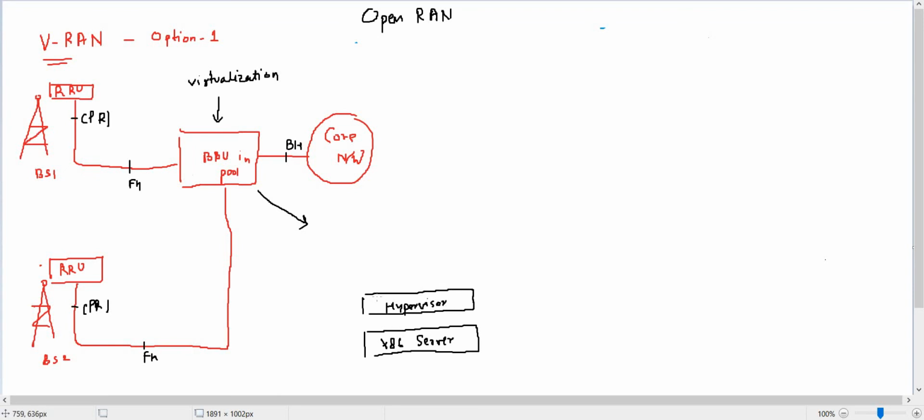On that hypervisor we will install guest OS, guest OS 1, guest OS 2.